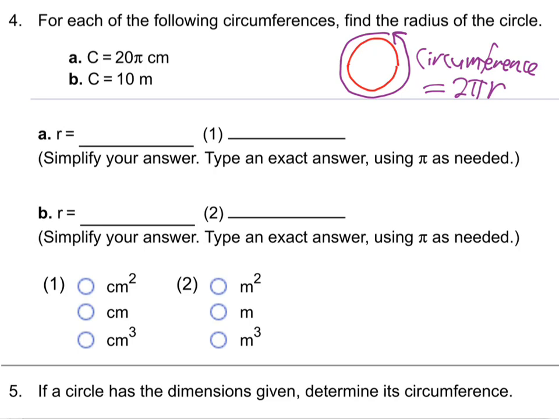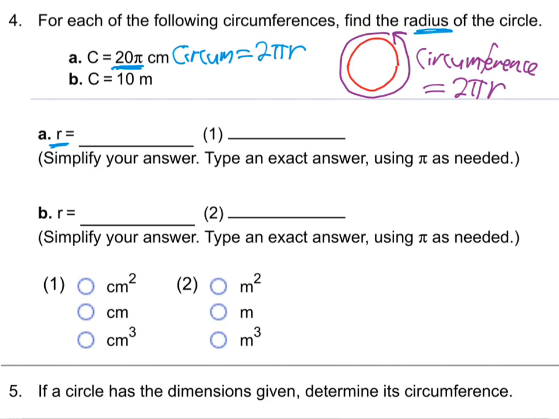So then for these questions, like for this part A, I'm just going to write circumference equals 2 pi r. And they're telling me, okay, we got this circle here, and its circumference is 20 pi. Find the radius, find r.